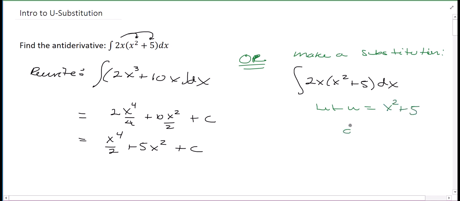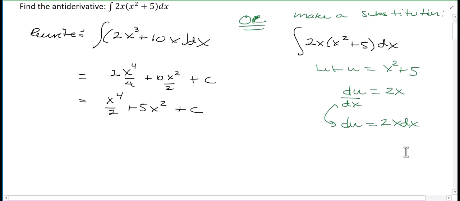The reason is that when I take the derivative of u with respect to x, du dx will be 2x. The derivative of 5 is 0. Now solving for du, multiply both sides by dx, I get du is equal to 2x dx. Or you can just think of it as taking the differential right away. So du will be 2x dx.